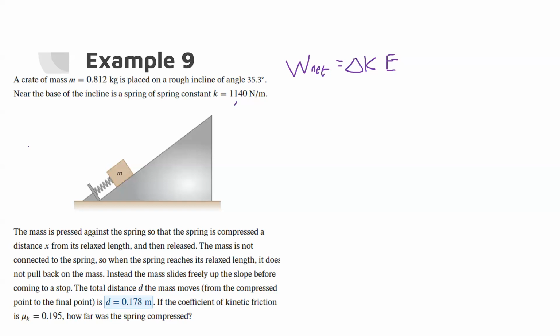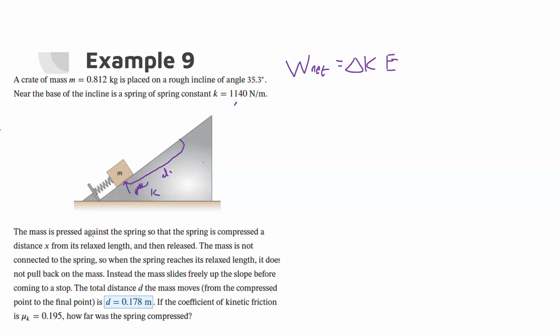Instead, the mass slides freely up the slope before coming to a stop. The total distance d is how far the mass moves from the compressed point to the final point. So it's going to move some distance d like this, and we know the coefficient of kinetic friction.